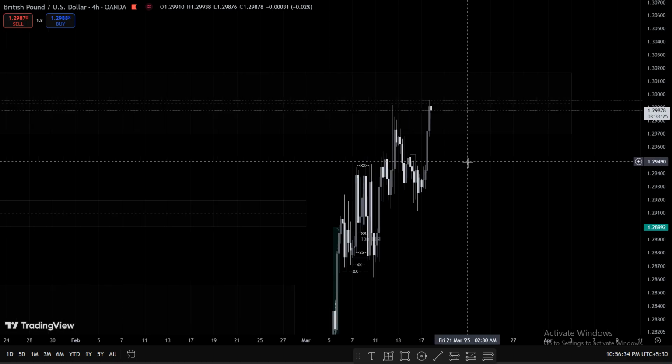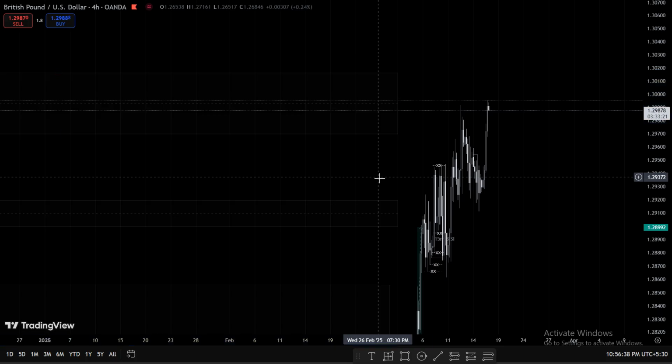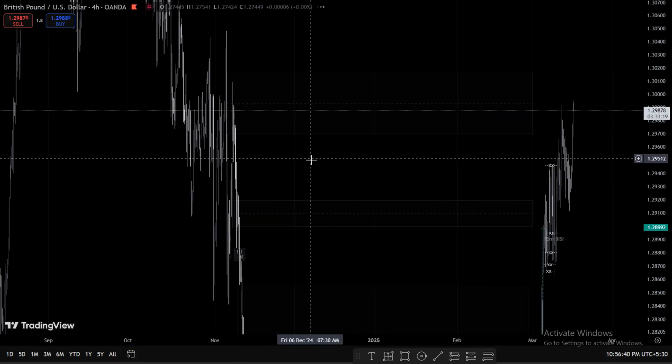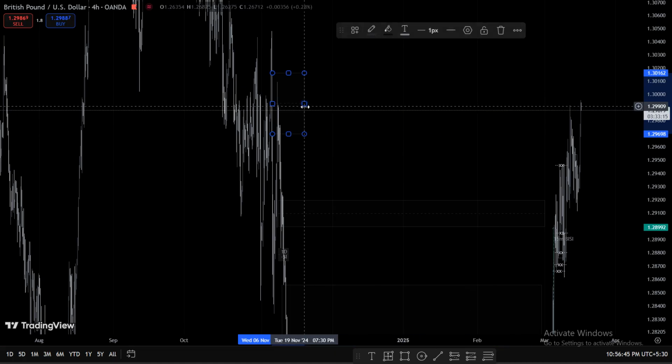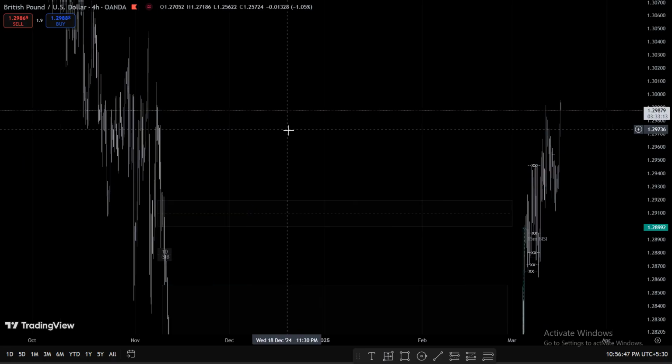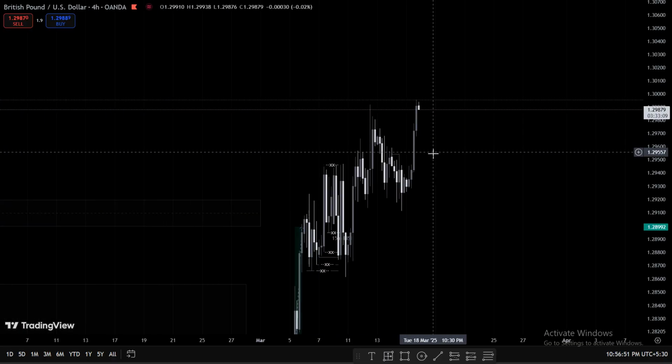That sell side imbalance doesn't tell us much about the price action today, but it's good to have it highlighted. I'll just remove it for now. Let me move on to the 1-hour time frame.